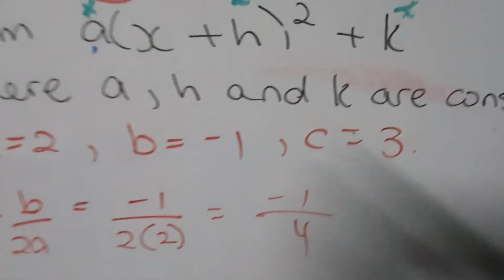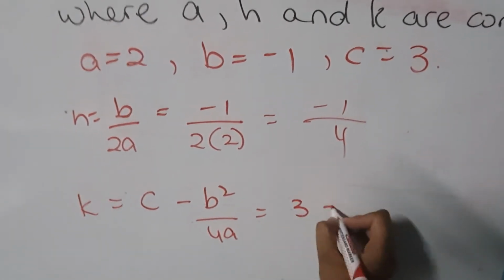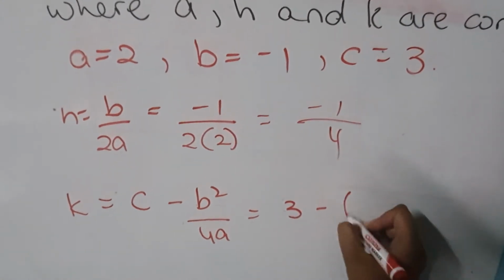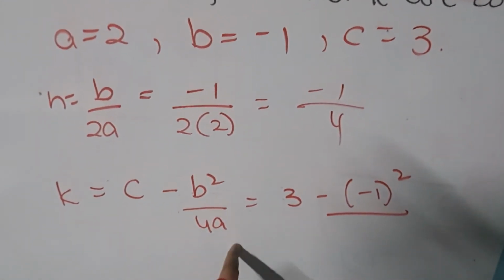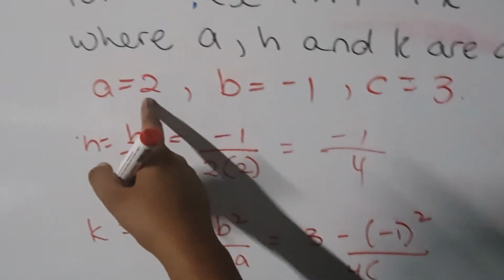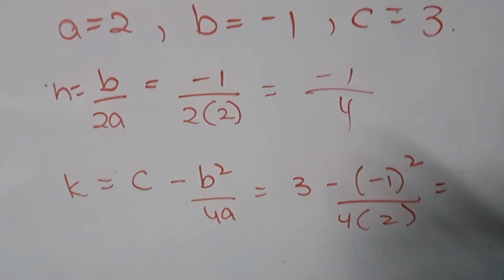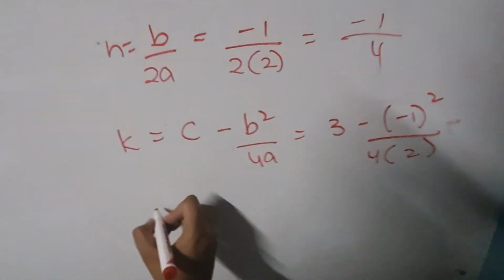Instead of C, I'm going to put in a 3. B is -1, so -1 squared over 4A. So 4, remember A is 2. Okay, so I'll come underneath here because I may run out of space.